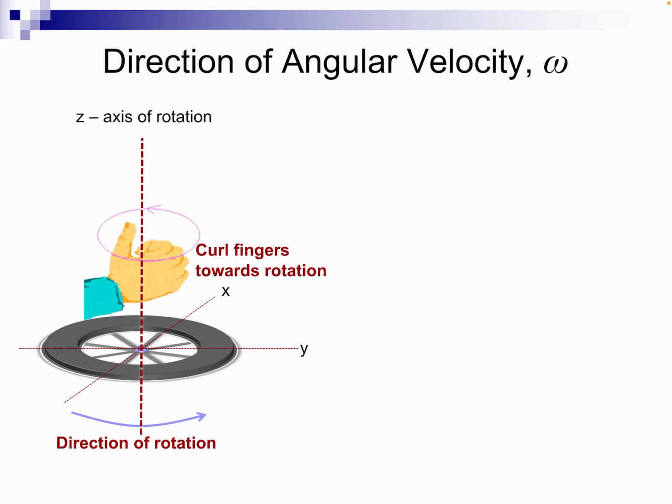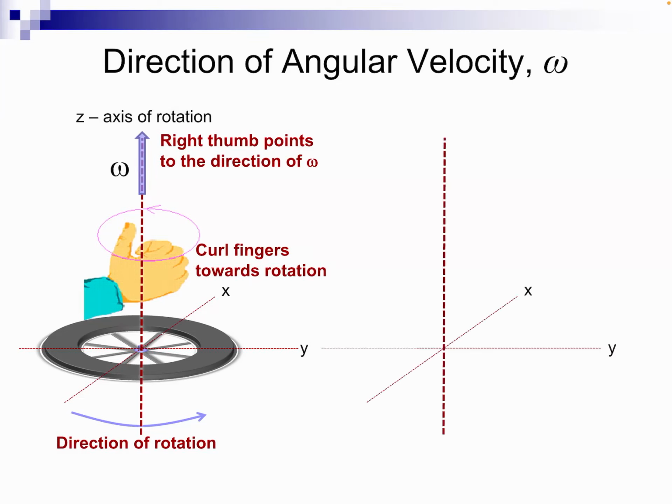If the object is rotating anti-clockwise, your fingers curl anti-clockwise, and your thumb points in the direction of the angular velocity. Your thumb here is pointing upwards, which we designated before to be positive, and that's why anti-clockwise rotation gives you a positive angular velocity.